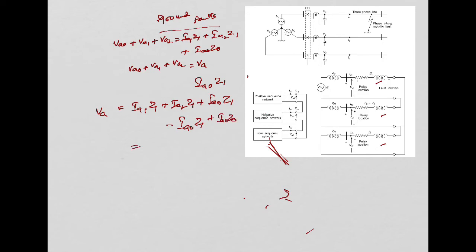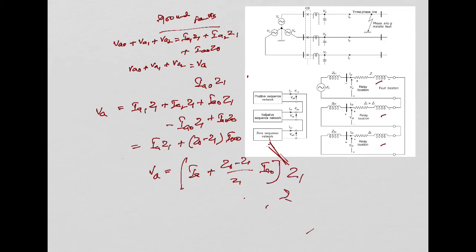Now after final mathematical manipulation, we are getting the value as IA Z1 plus (Z naught minus Z1) into IA naught, and finally we are getting VA equals IA plus (Z0 minus Z1) divided by Z1, into IA naught into Z1.